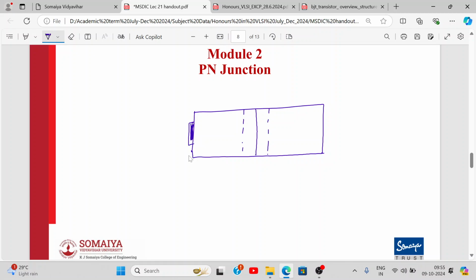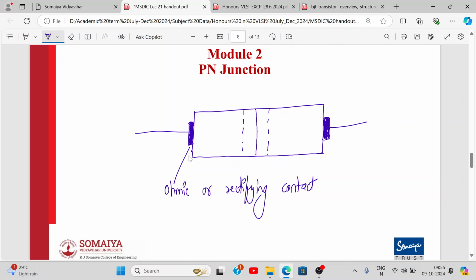We never talked about this contact, right? We just assumed that it's made up of some material, but this contact also plays an important role. So this contact can be ohmic or rectifying. Now, what is a rectifying contact? What is an ohmic contact? That is what we will see in module number 2.2.